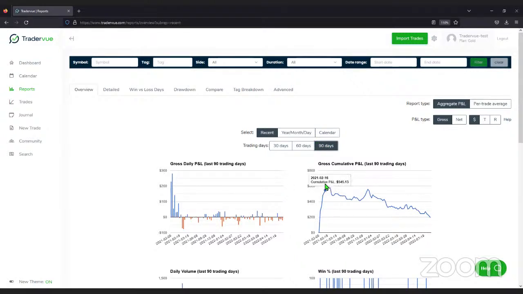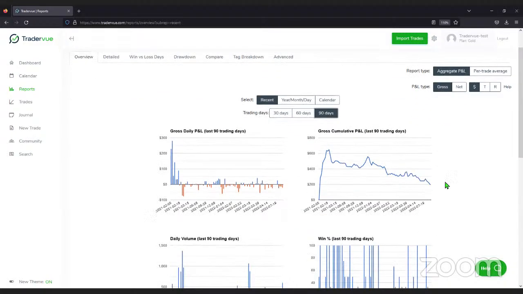As you can see, even though this trader might be in a drawdown right now, he did pretty well during 2021, had an exponential growth, and then has been slowly giving some of it back. We're only seeing 90 trading days, but we can see more, and we will see how to do that in a bit.